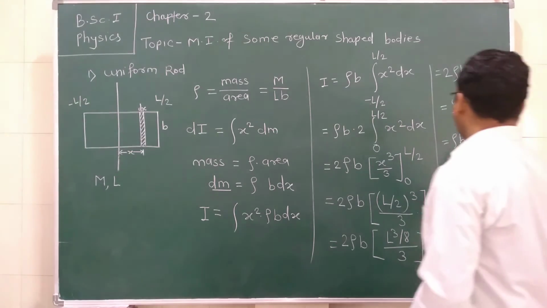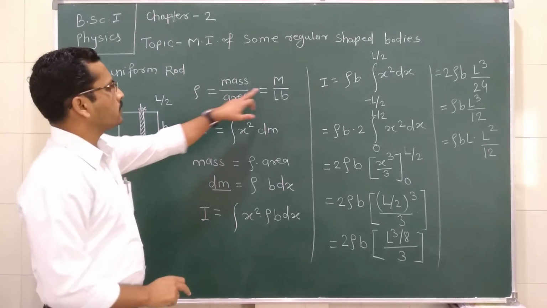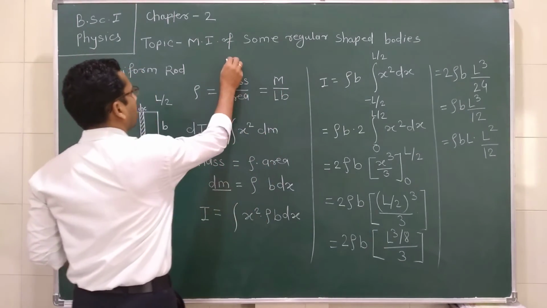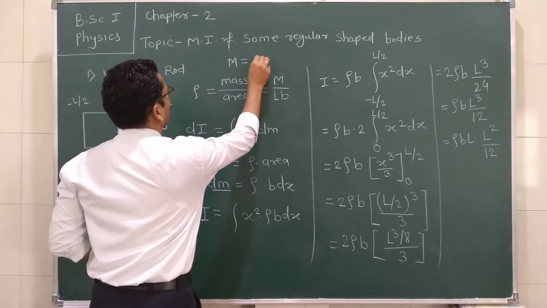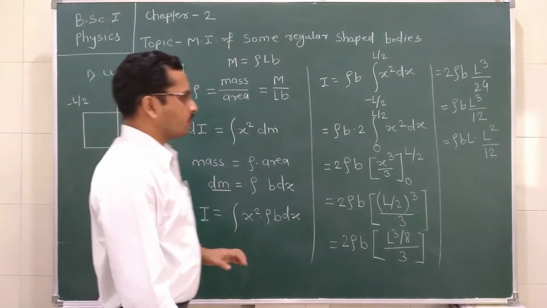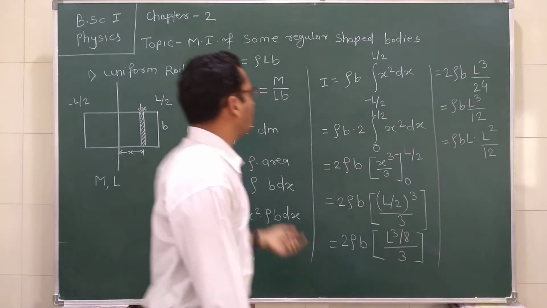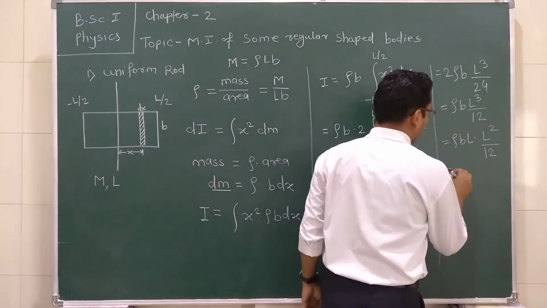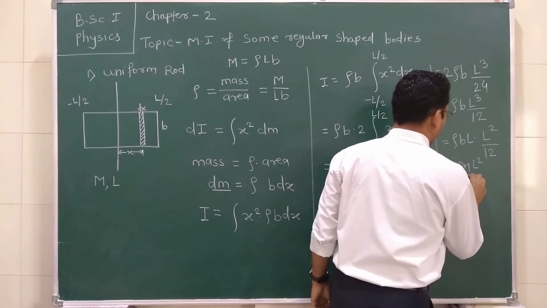But what is rho b L? We know rho is equal to mass upon area, that is m upon L B. Therefore, mass m is equal to rho into L into B. So instead of rho B L, we can put the capital M, that is the mass of the rod. So we can write M into L square divided by 12.